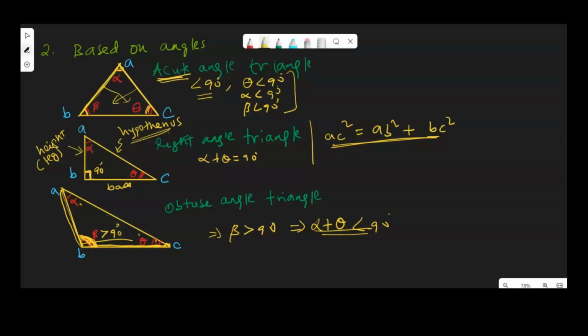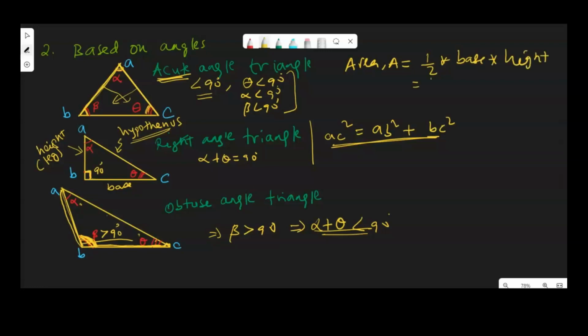So how do we calculate the area of each of the triangles? It's very similar to the previous one. So the area of an acute angle triangle is half times base times height.